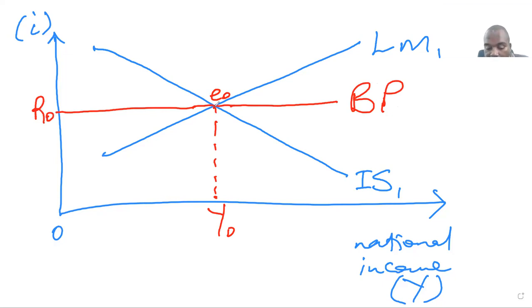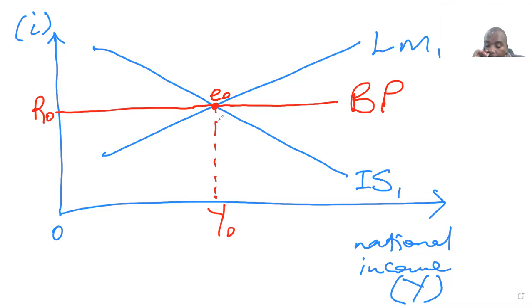At this equilibrium point, we have got a general equilibrium.